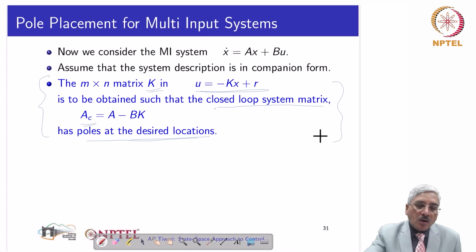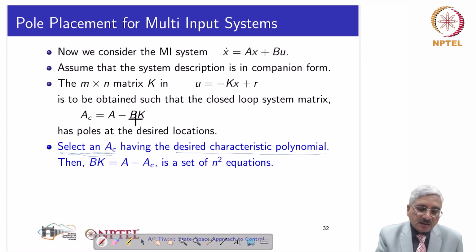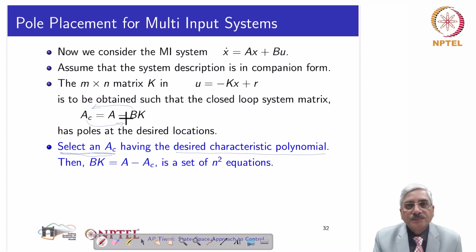Now what we have to do is select an AC which will have the desired characteristic polynomial. So first of all, we have to select an AC. Once AC is selected, then by changing the sides, BK taken this side, AC taken this side, BK will be A minus AC.